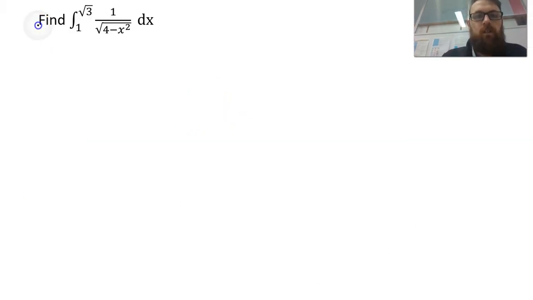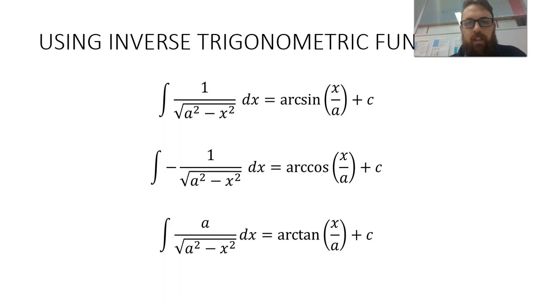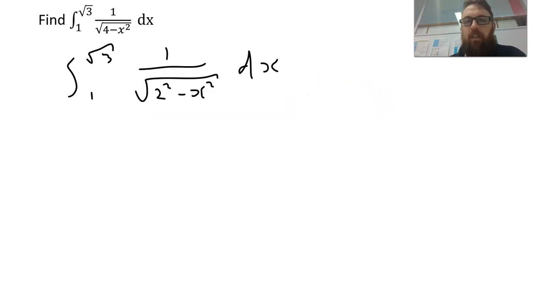So I'm going to rewrite this as the integral from root 3 to 1 of 1 over the square root of 2 squared take x squared dx. Now from our formula, we know that the answer straight away is arc sine of x over a plus c, but we've been given the conditions.